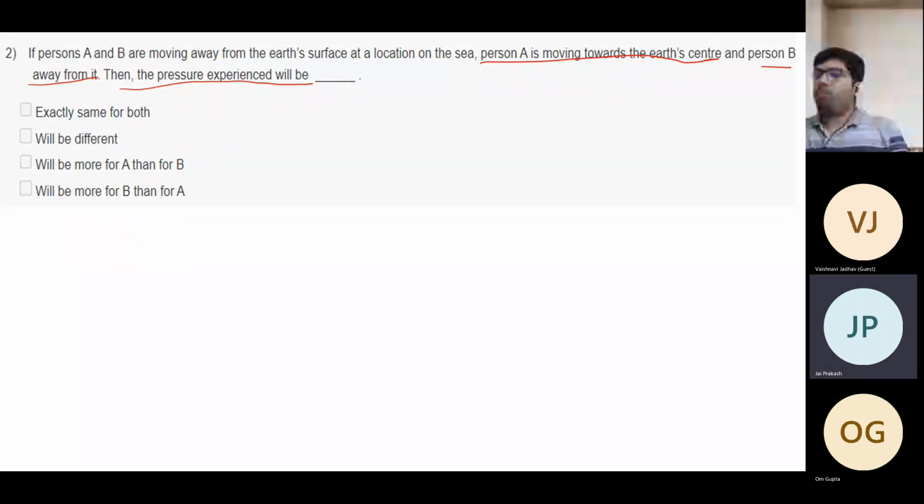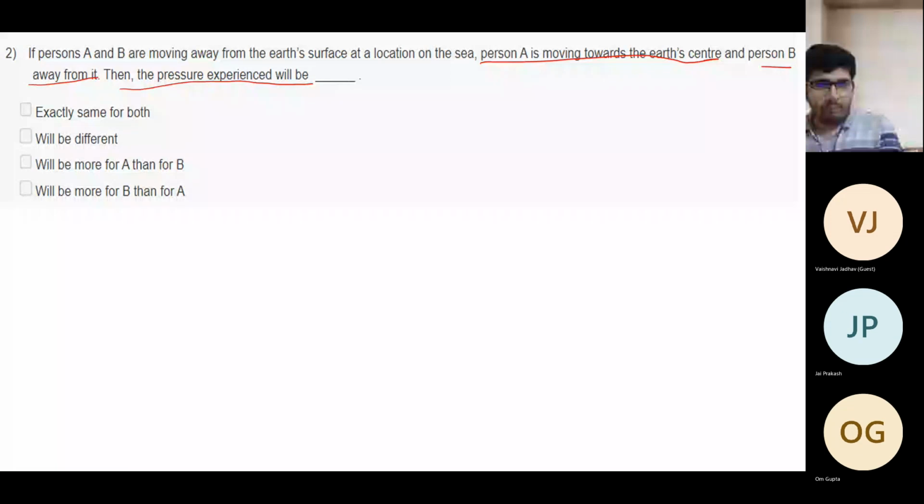Will be more for A than B. So as we know, person A is moving toward the Earth's center. As we go toward the Earth's center, pressure will increase. And B is moving away from it.